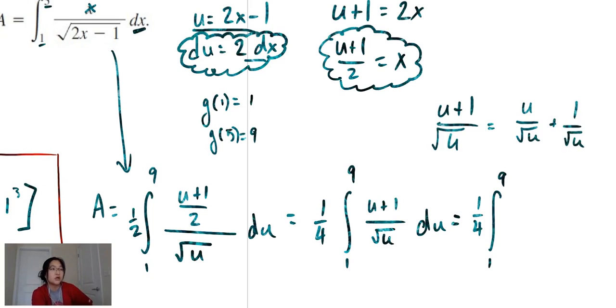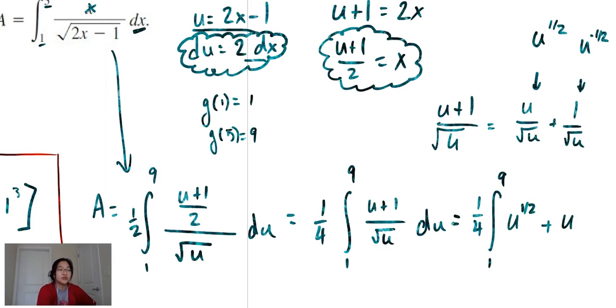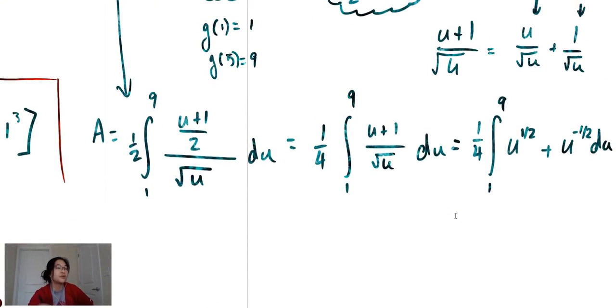Yes, because when we're adding fractions, we can combine them when they have a common denominator, and we can also break them apart. So u over root u is equal to u to the 1/2 power. 1 over root u is u to the negative 1/2 power. So u to the 1/2 plus u to the negative 1/2 du. Okay. And now that's a power rule. So let's power rule that.